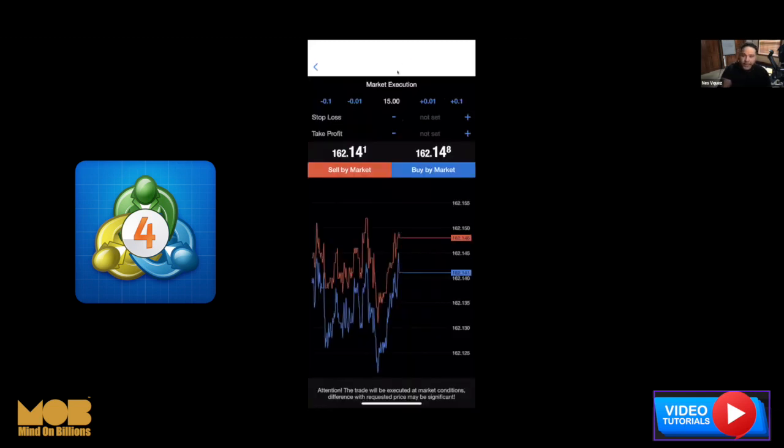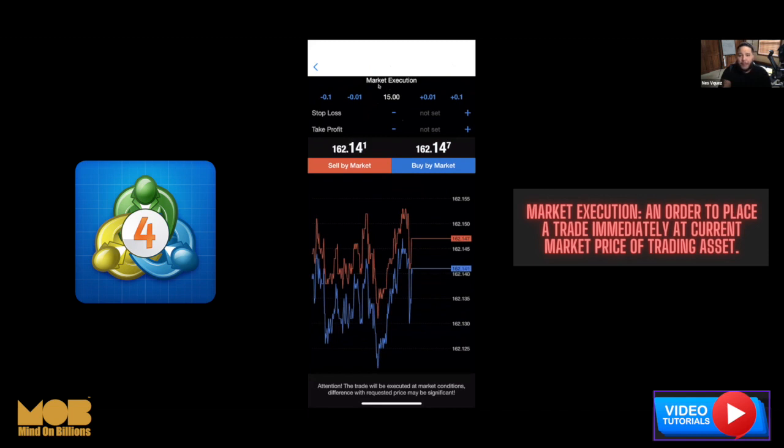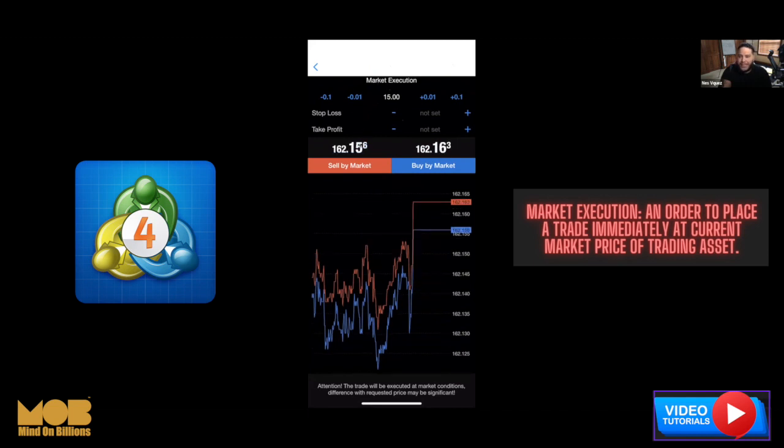Okay, so now we're getting into the order screen, and I think this is where a lot of people get confused. Market execution means that wherever the market is at, you are going to either sell or buy right where the market is at in real time.